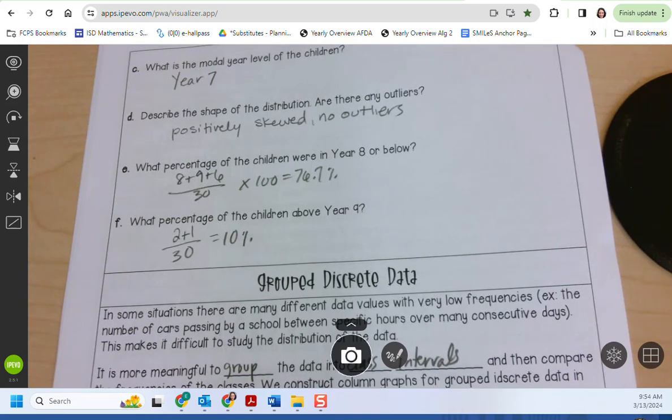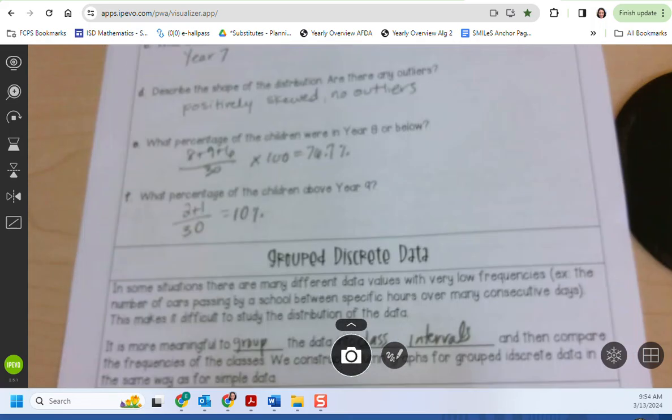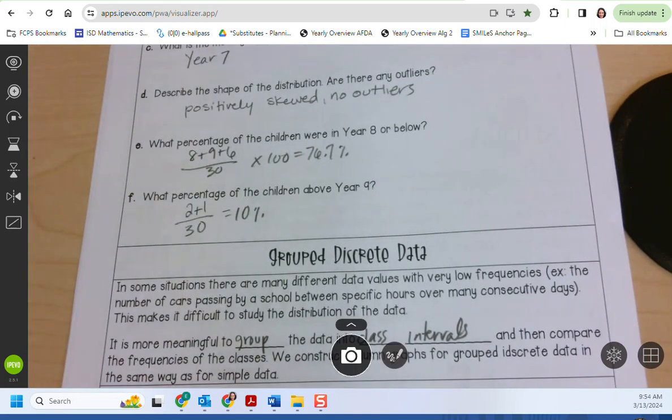And we started to talk about group discrete data. So when you have a lot of discrete data points, even if they're still going to be whole numbers, say I gave everybody a handful of M&Ms and I asked you how many M&Ms you have, it wouldn't make sense for me to make a column for 1 M&M and a column for 2 M&Ms and a column for 3 M&Ms.